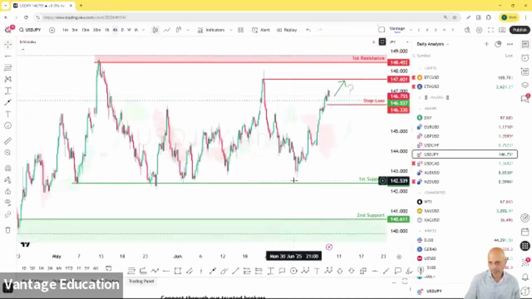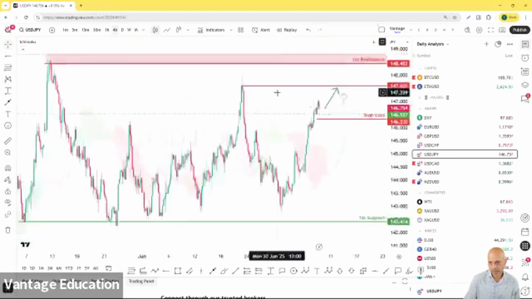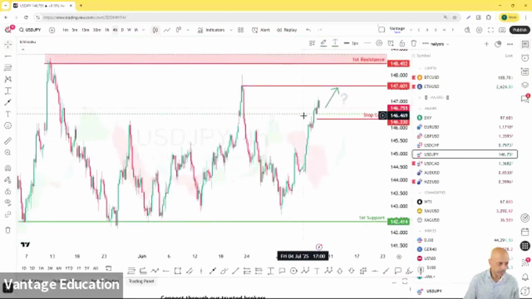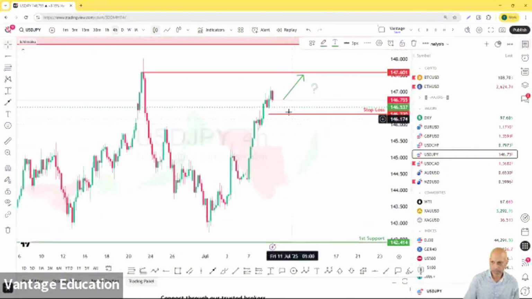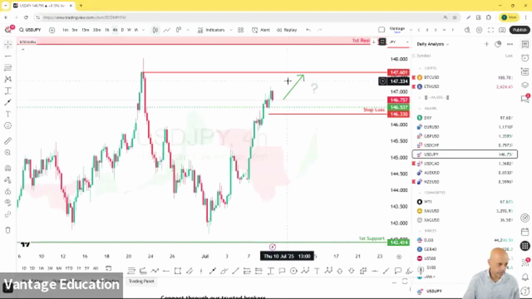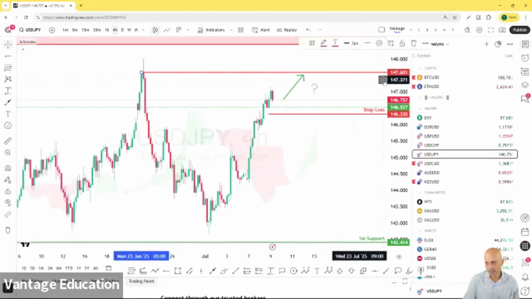So you can see here how a prior intermediate resistance level gets taken out. Price has bounced off it, forming support. Dollar yen looks to be falling down towards this level once again. If it can hold up or bounce off this level once more, we've got a pretty good opportunity to try and ride the upside, and we can identify a suitable take profit target close to the swing high resistance that was formed on 23rd of June, and that level sits at 147.60.